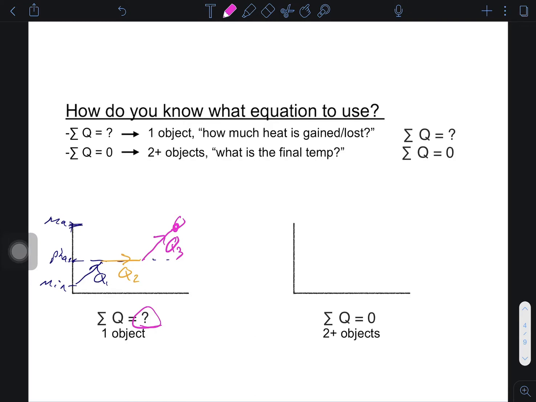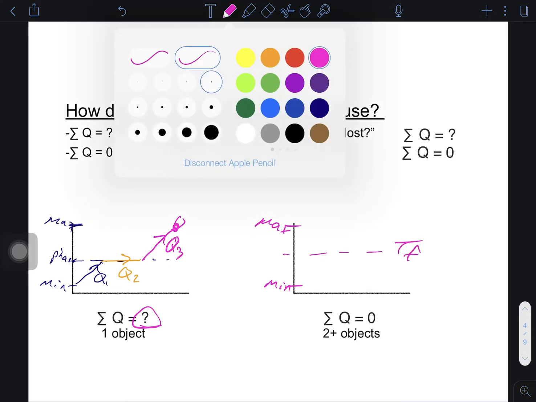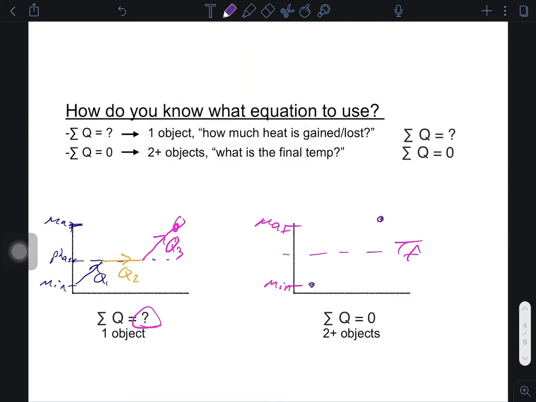That was previously. Now what's going to happen with these thermal equilibrium problems is we're still going to start with a minimum and end with a max. But now there's a final temperature here, and we are going to have starting initial temperatures in each location.